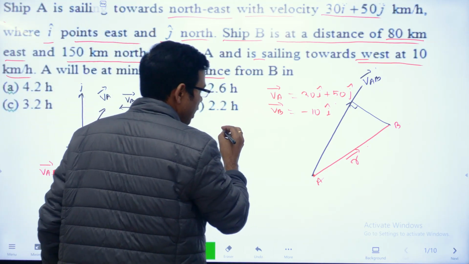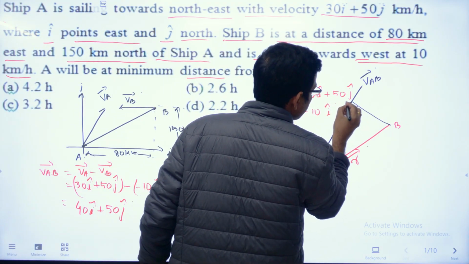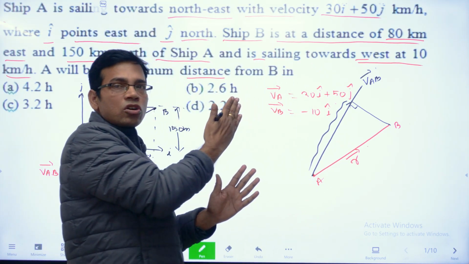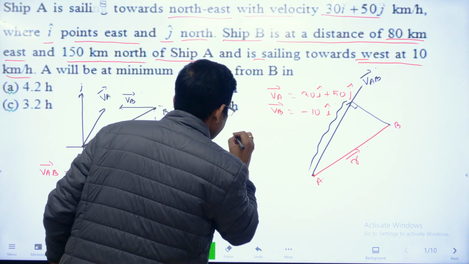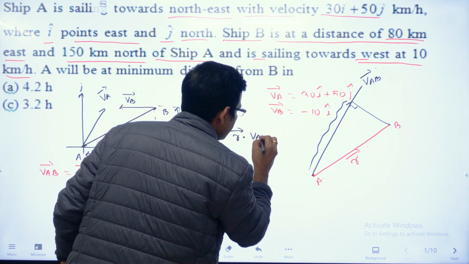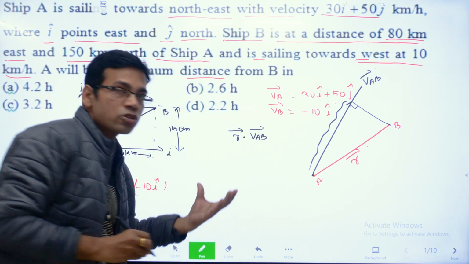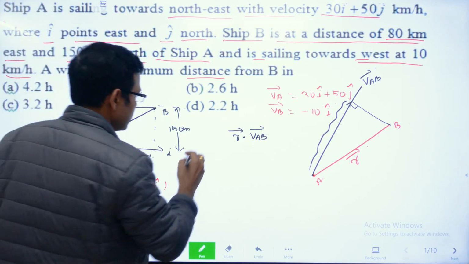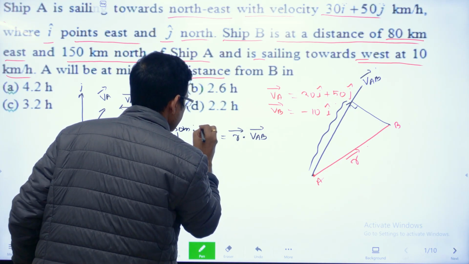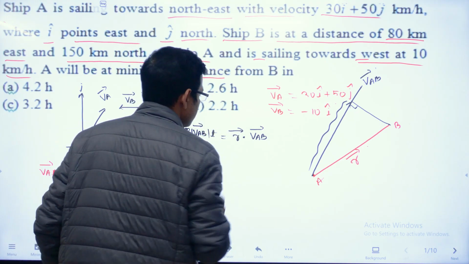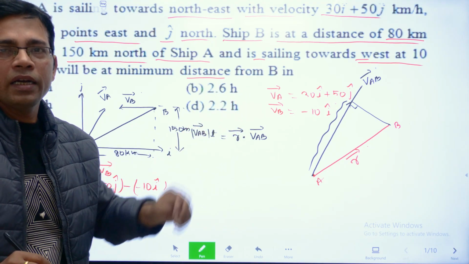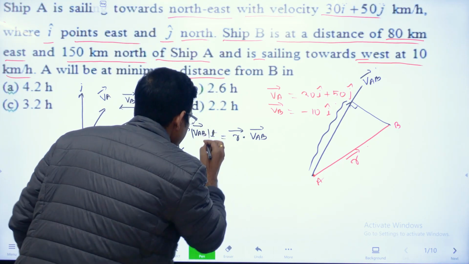The projection of R means I need this distance. So the projection of R along the direction of the velocity is R dot the unit vector of V_AB. And we equate this to the modulus of V_AB into time. That is the time for the minimum distance between A and B. So from here we will get t.